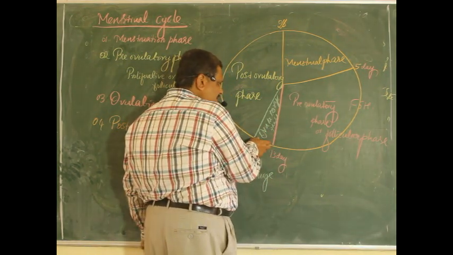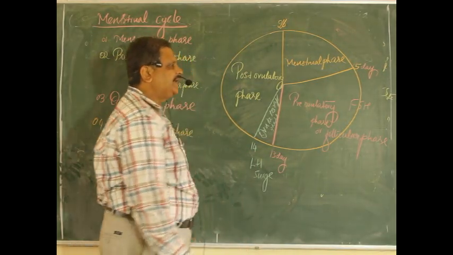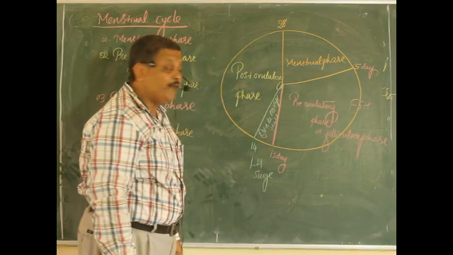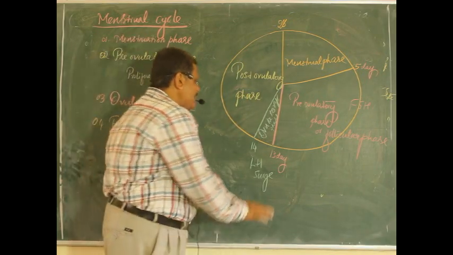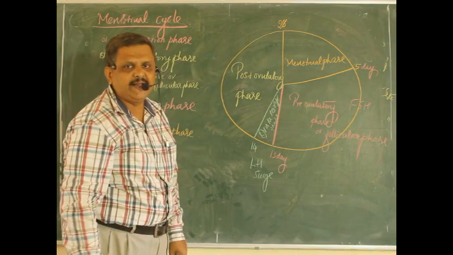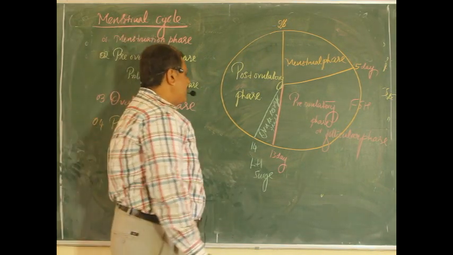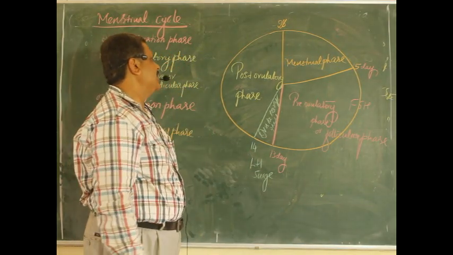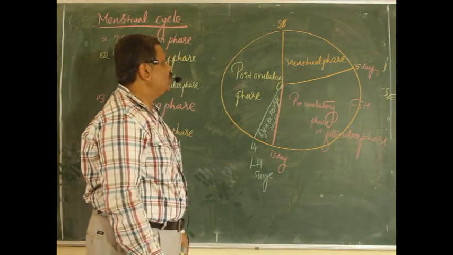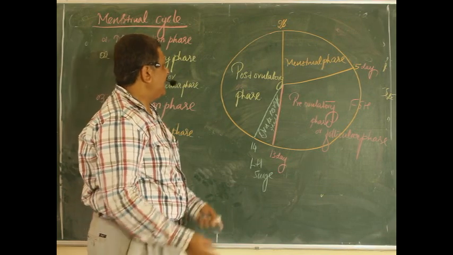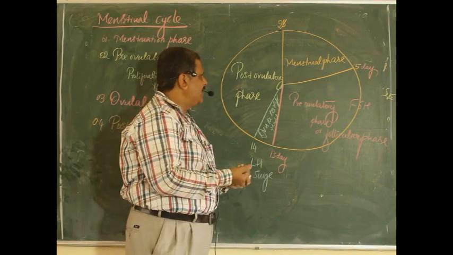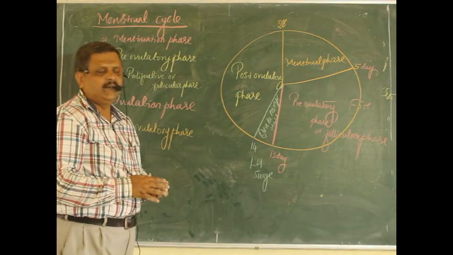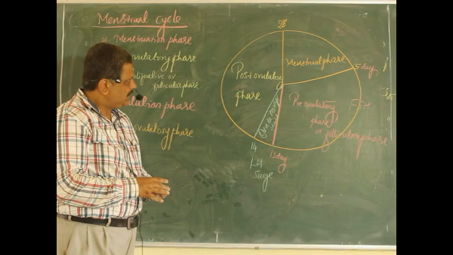It occurs within 24 hours between the 13th and 14th day in a 28-day cycle, where LH hormone plays a very important role, called the LH surge. And after that, the post-ovulatory phase takes place, where two things may happen: the egg may get the sperm or may not. That we'll discuss in later classes.